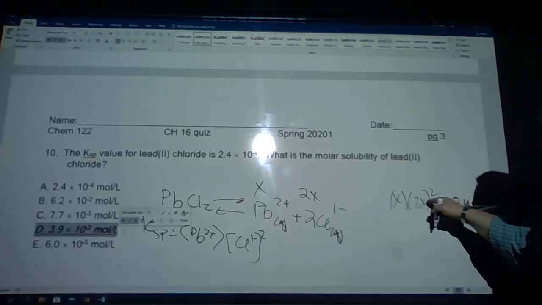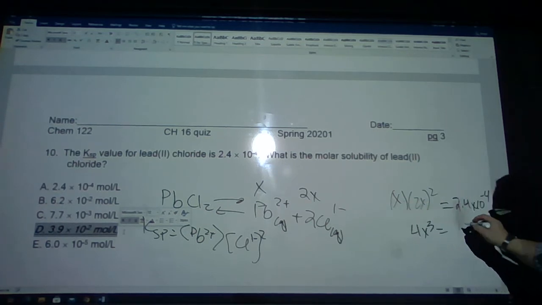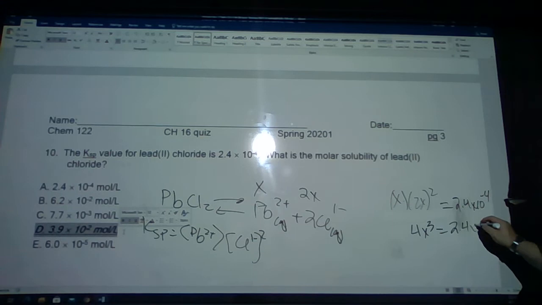This is 2X squared, which is 4X squared, times X. That's 4X cubed is equal to 2.4 times 10 to the minus 4th.